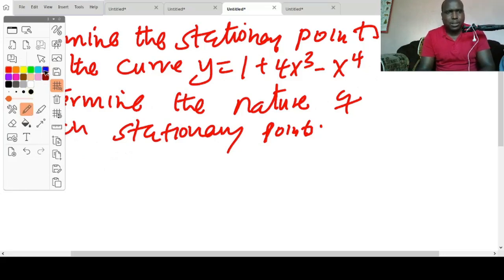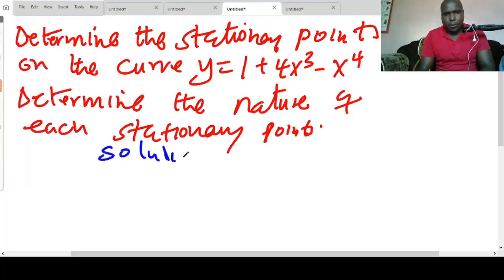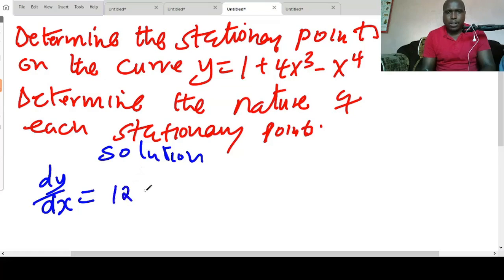So let us look at this one very fast. Let me use this solution. First let us find dy over dx. dy over dx will be 12x squared minus 4x cubed.